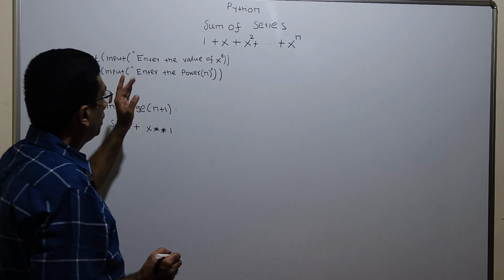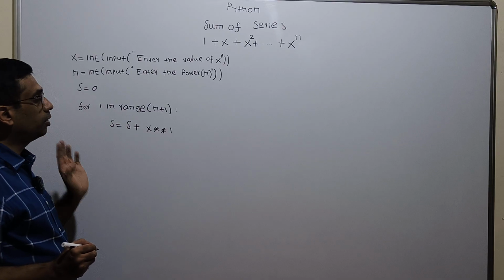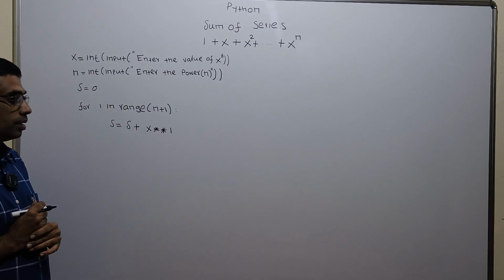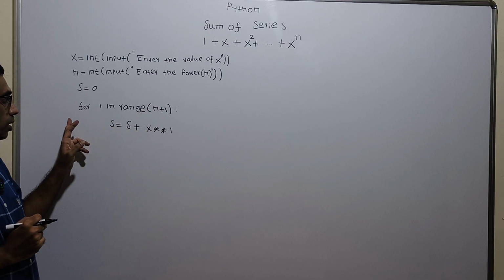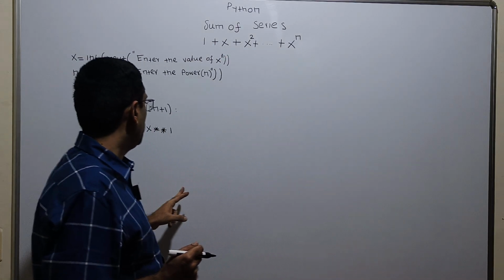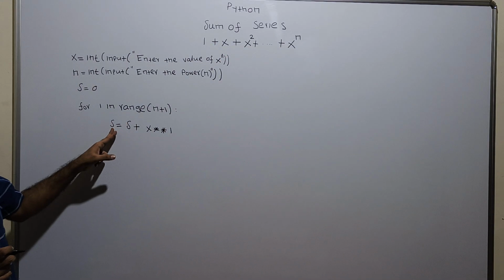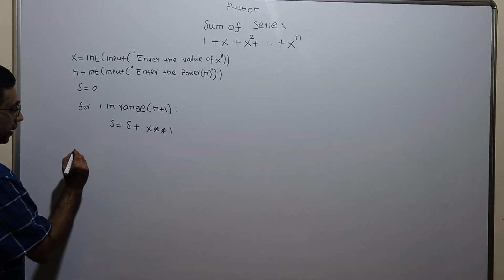So in each iteration, every value will get added one by one as the loop progresses from 0 to n. I will show this in a trace after this logic. Once the loop is over, the series will be calculated and the value stored in the variable s. After the loop, I am printing the result.